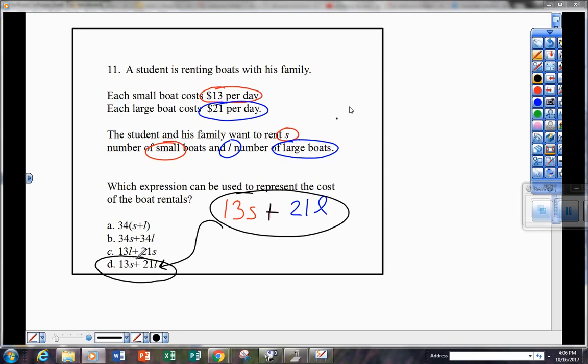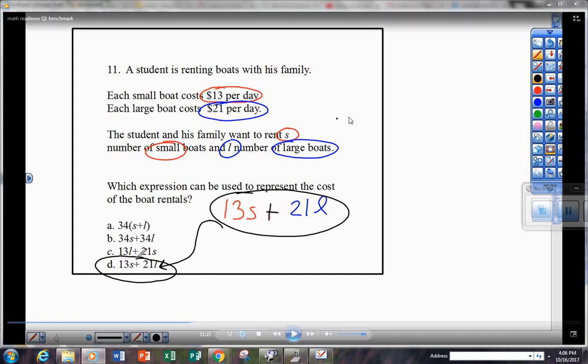So write the expression for a place where you rent boats for $17 a day for a small boat and $20 per day for a large boat. That is problem number 6. That's going to go on that paper that proves to me that you've watched this.